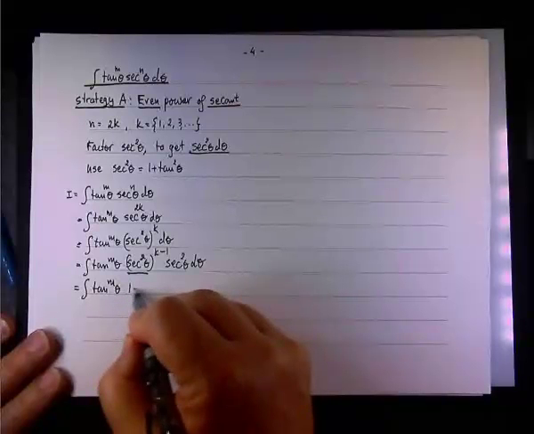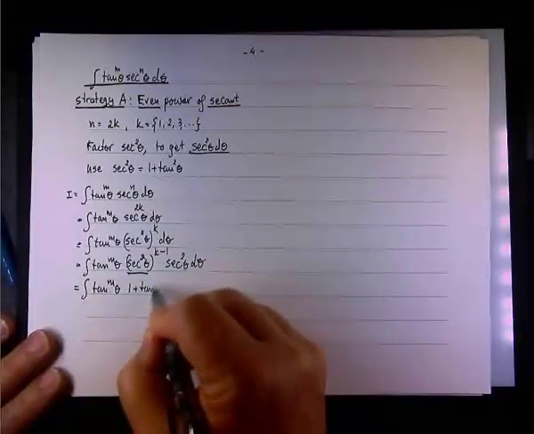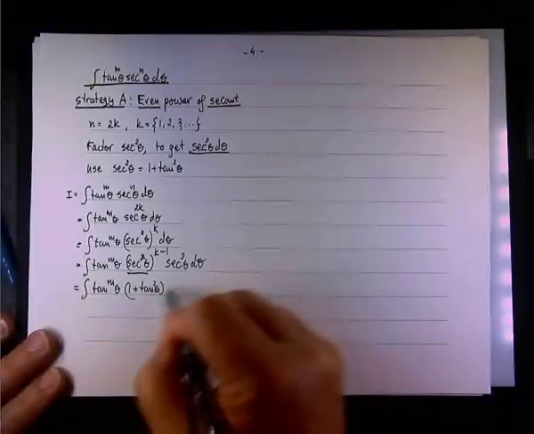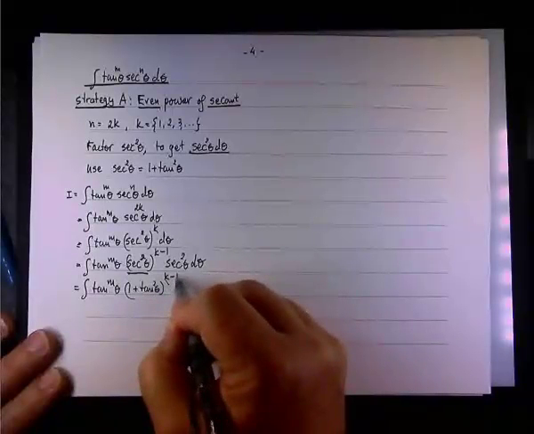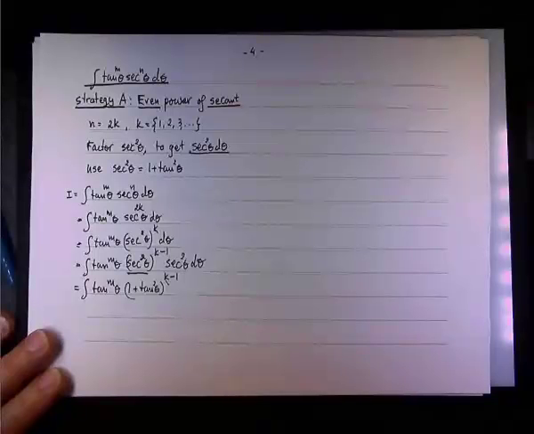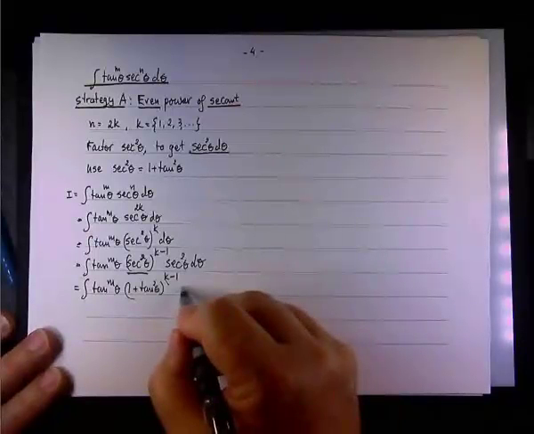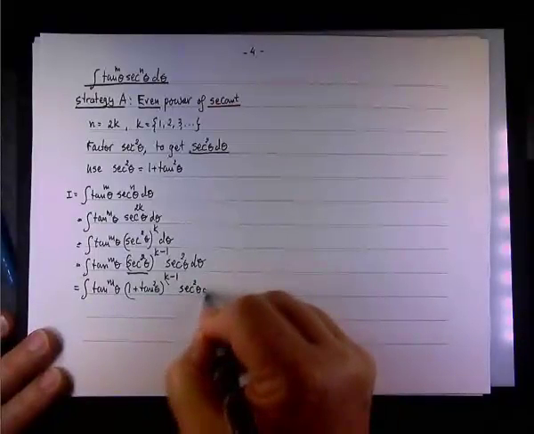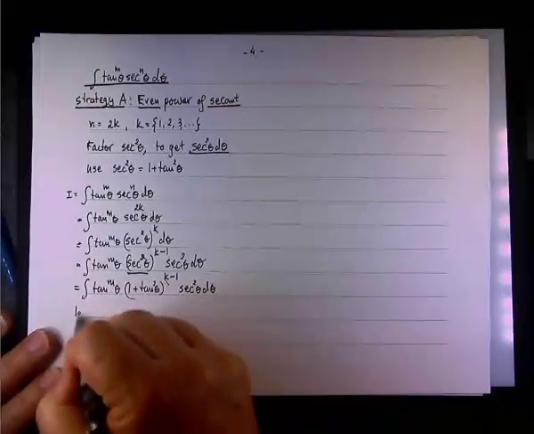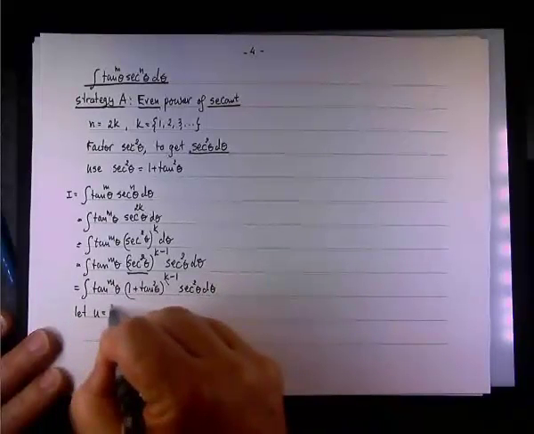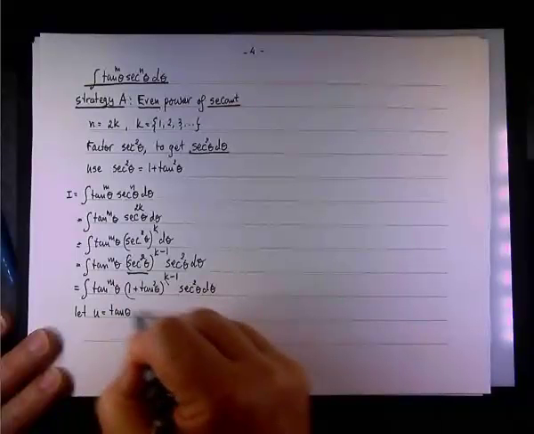So now, for some reason, I have more steps than I intended to have. So here I have 1 plus tangent squared theta raised to the power of k minus 1, right? And then I have the secant squared theta d theta.